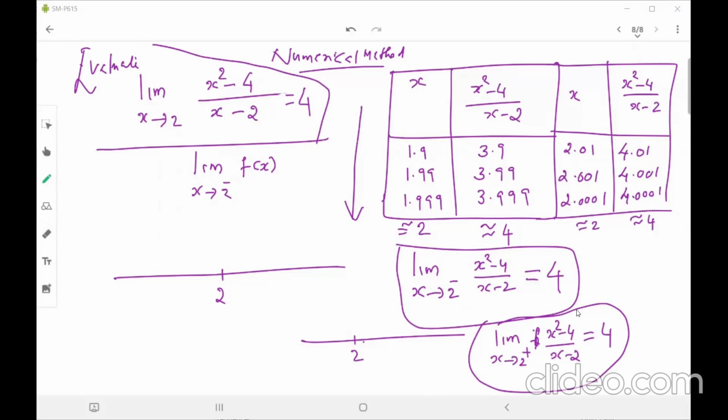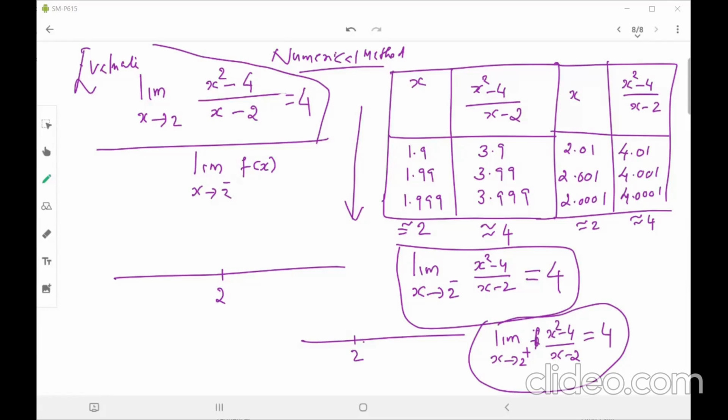Using some numerical approach, I find the left and right values, and I can say this limit value is equal to 4. That means even though your function is not defined at x equal to 2, you can find the nature of this function when x is a point very, very near to 2, either from the left side or right side. Please note these things down.